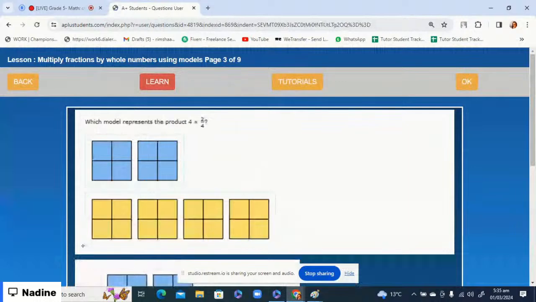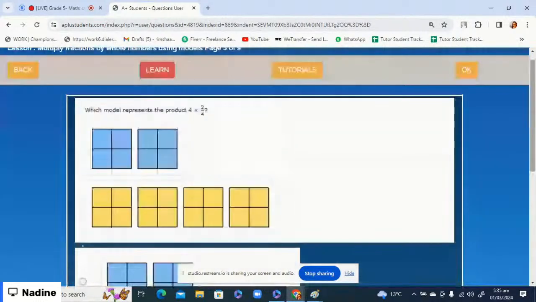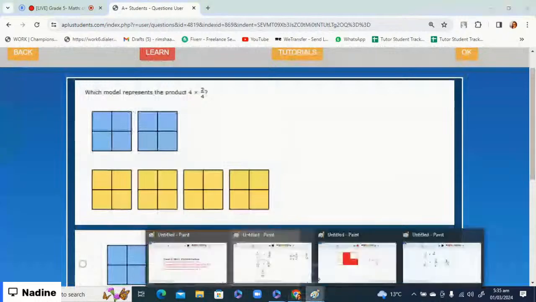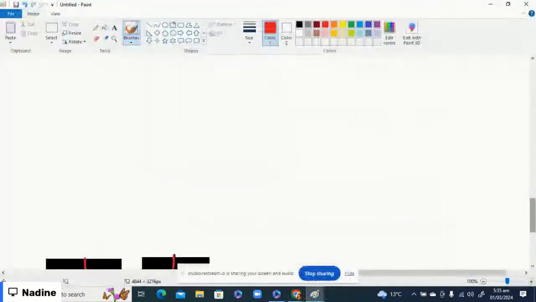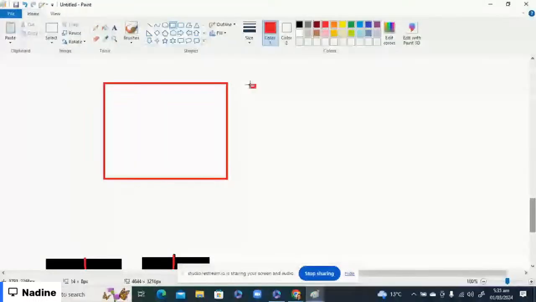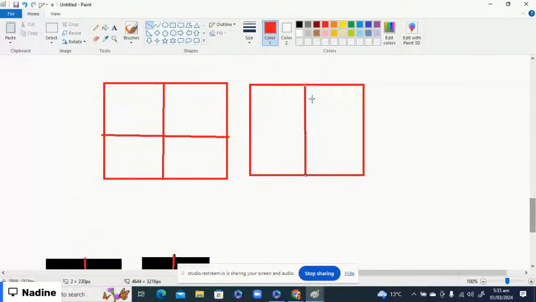Now let's discuss the 4 times 2 by 4. What does it mean? Let's draw something here, then we explain. If I'm going to draw two shapes in one model, now you all tell me the answer of that.